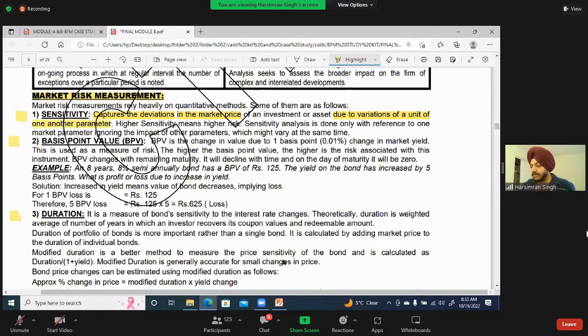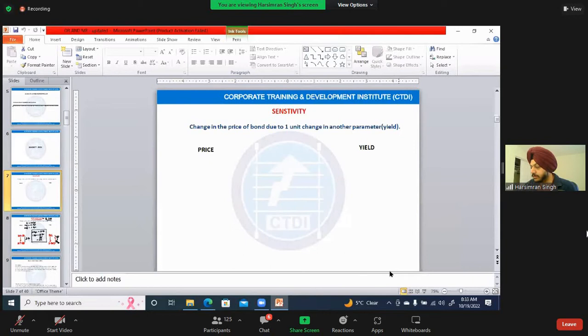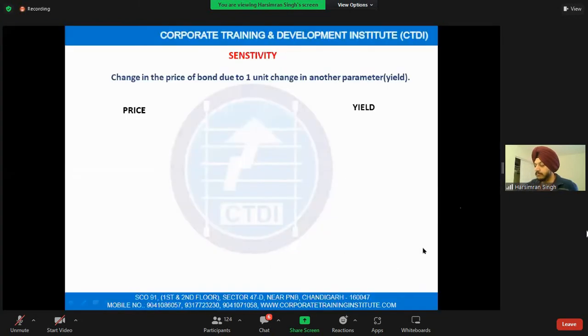Now please understand that we know that bond price is inversely proportional to yield. We know that if the yield goes down, price of the bond goes up.